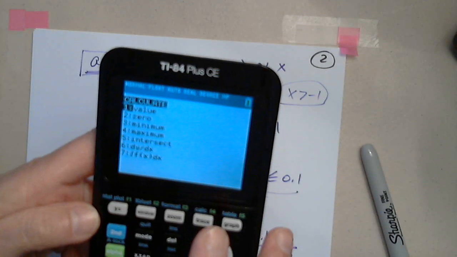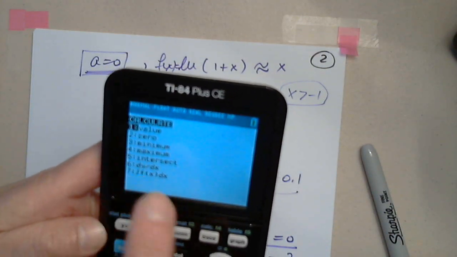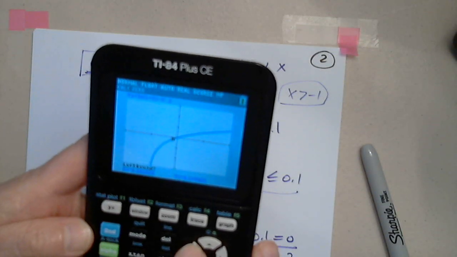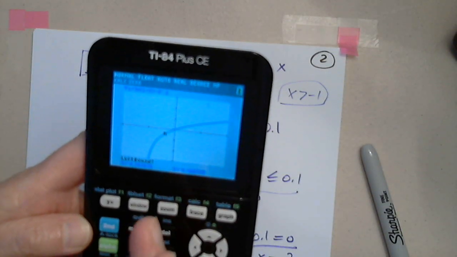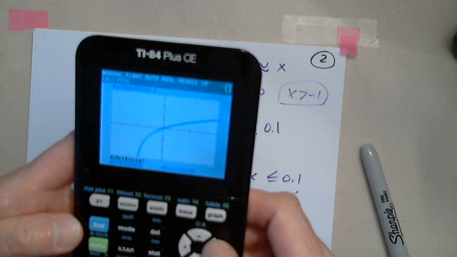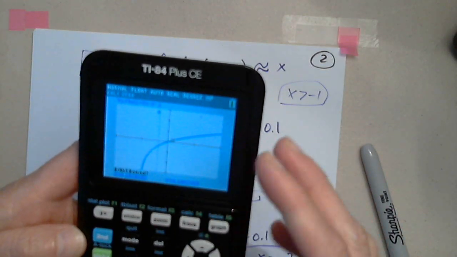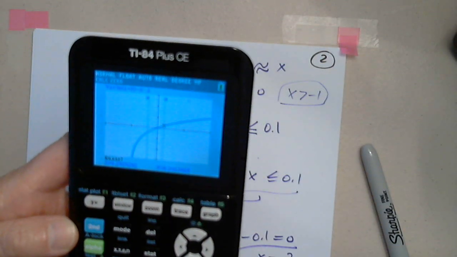So second and calc, I want the 0. And you can pass the 0 to the left and then scroll to the right, or just punch in numbers, whatever you want, but just make sure you pass the 0.